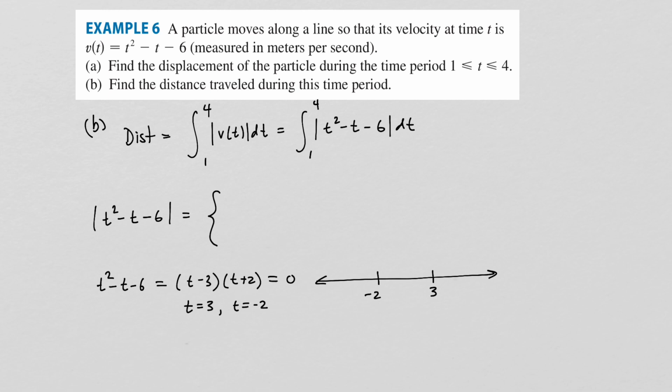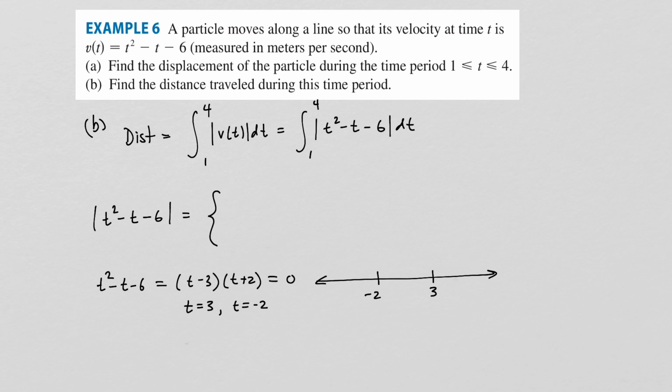For example, what is the value of this expression if we plug in a number greater than 3? So just imagine if we were to pick a number like x equals 10, and we plug that in to our function here. 10 minus 3 is 7, 10 plus 2 is 12. If I multiply those, I get a positive number. And in fact, any number I plug in greater than 3 is going to give me a positive number for that velocity.